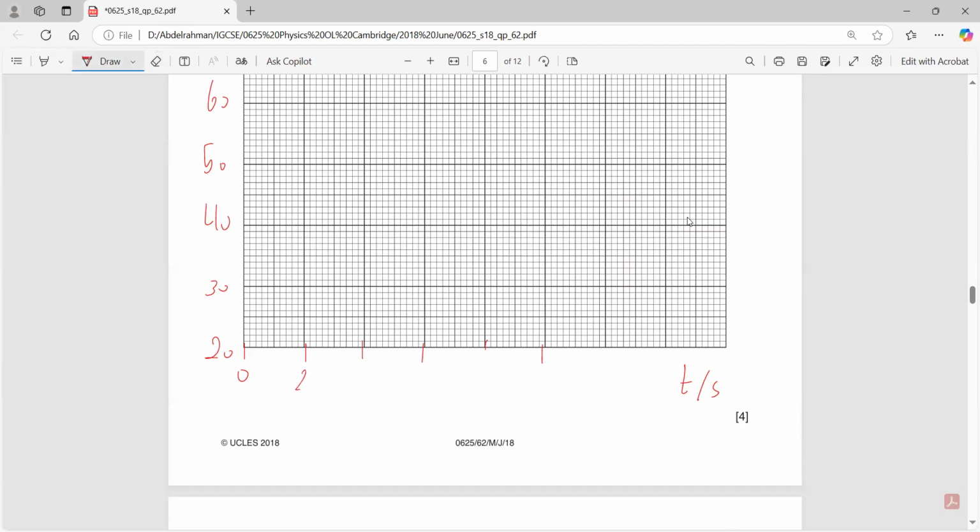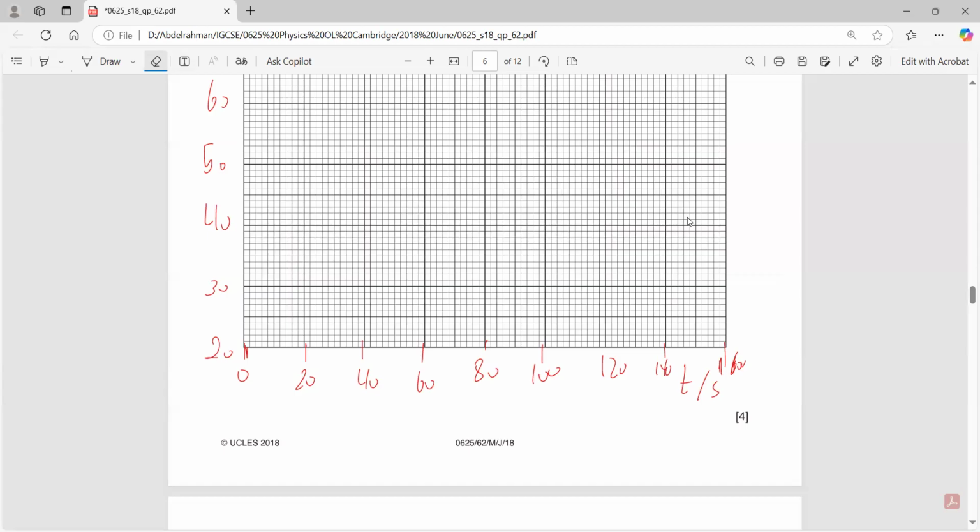Let's try it out: 20, 40, 60, 80, 100, 120, 140, 160. Oh, this is much better. Why? Because the last number would be plotted at this point, and the first number at this point, so you're taking almost all of the graph. This is a much better scale.